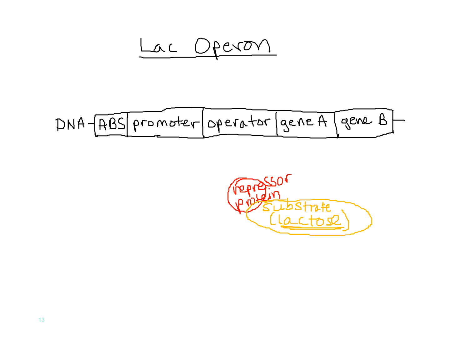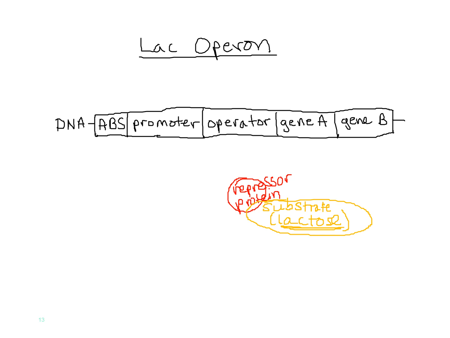All right, and then our other switch is looking at whether glucose is around or not. So we're only going to turn this on if there's no glucose. So we can't use glucose to bind to the activator protein because there's no glucose around. So we've got to use another signal to get our activator protein to bind to this activator binding site.